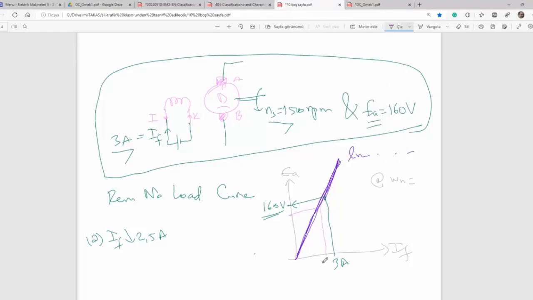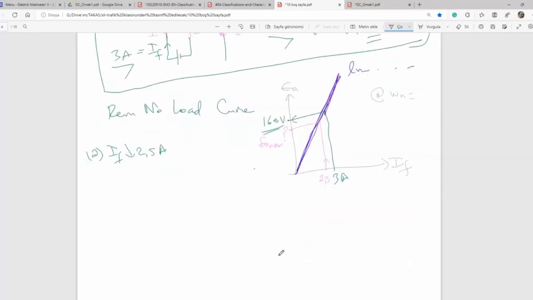What is the new armature EMF value for the 2.5 amps excitation? It looks like proportional.